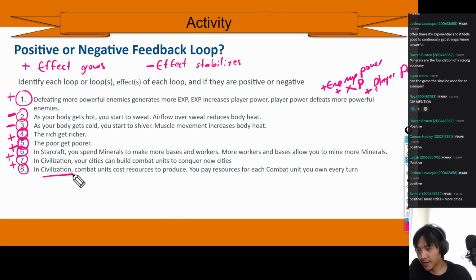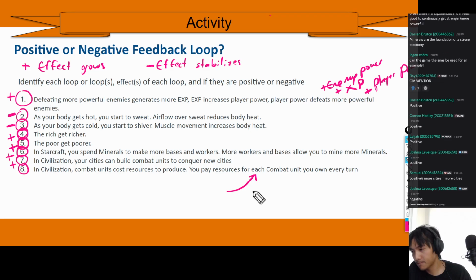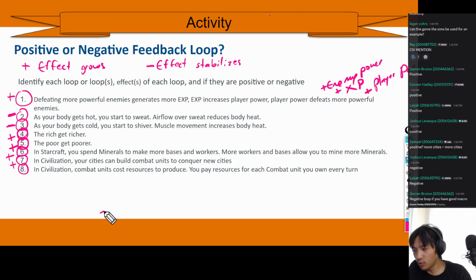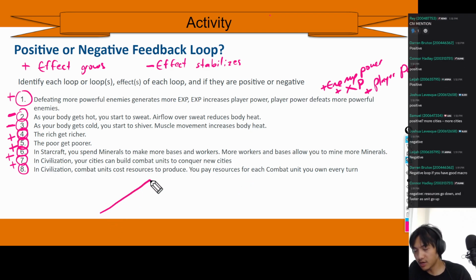Number 8, in Civilization, same game. When you have combat units, you can build combat units. They cost money to produce, and you also pay resources for every combat unit you own every turn. So when you build more soldiers, they cost you more.